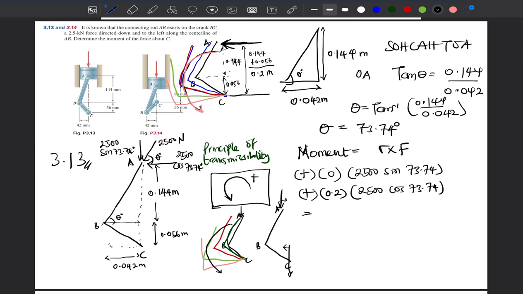Then if you calculate that, because this is 0 plus 140, the solution should give us 140 Newton meter. And like we said, for moments, if it is positive, it is anti-clockwise. So since we got a positive moment, we can write our symbol for anti-clockwise this way. We can draw it this way, which means the moment of the force about C gives us 140 Newton meter.